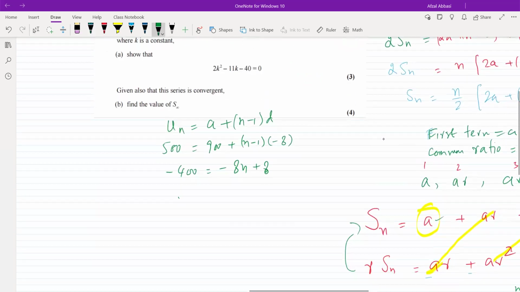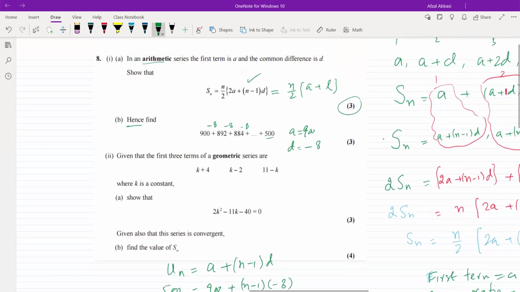Rearranging this formula, we get 8n equals 408. So n will be equal to 408 divided by 8, which gives us 51. So it means this term is the 51st term. It means we need to add 51 terms.